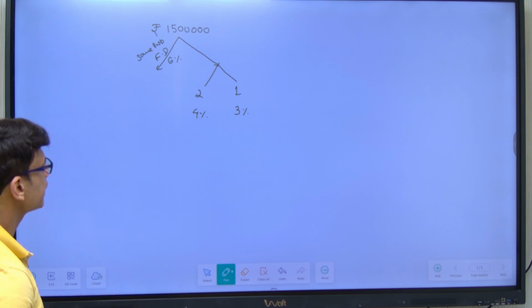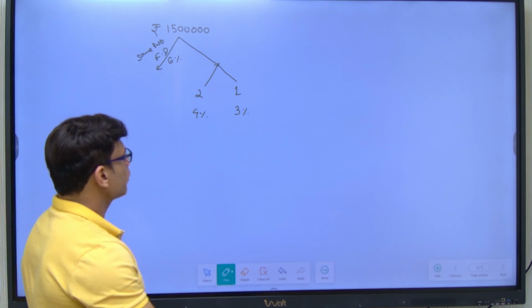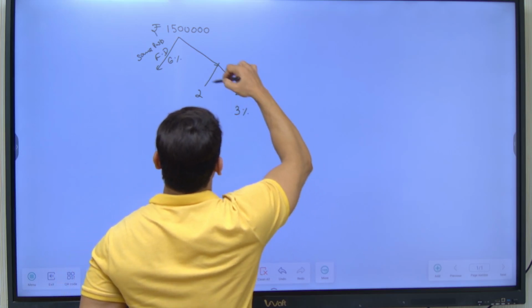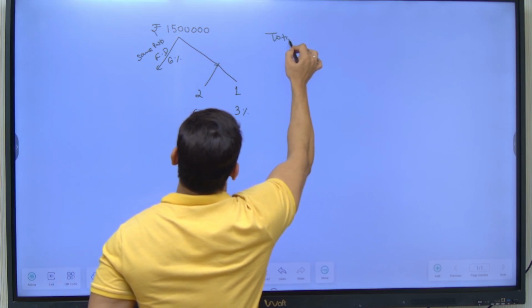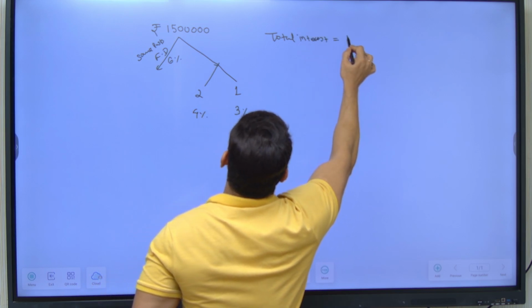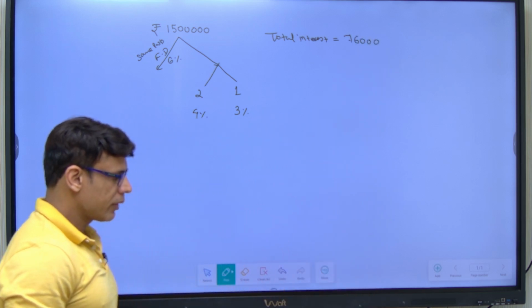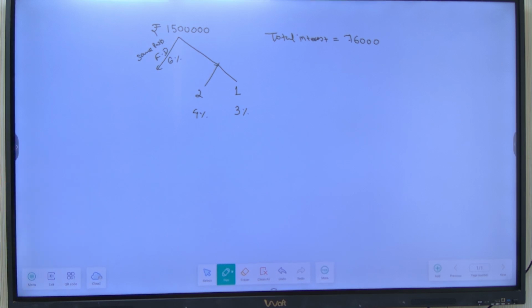And FD is giving you 6% rate of interest. And the total interest, this interest, this interest, and this interest. So the total interest is 76,000. The total interest which he earned after 1 year from all the investment is 76,000.